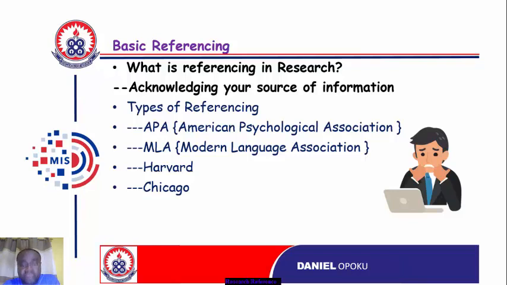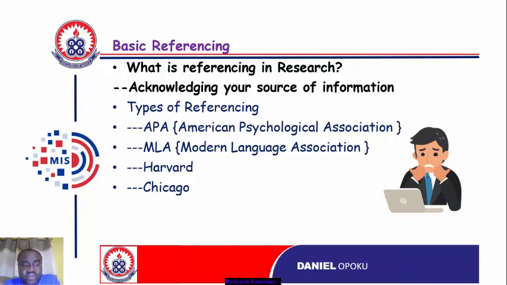That's all about referencing. Okay, now there are different types, or styles, of how to reference a particular article in our research work. Good. Now on the screen we have only 4, but there are many. We have the APA, which stands for American Psychological Association. We have the MLA, that is Modern Language Association.